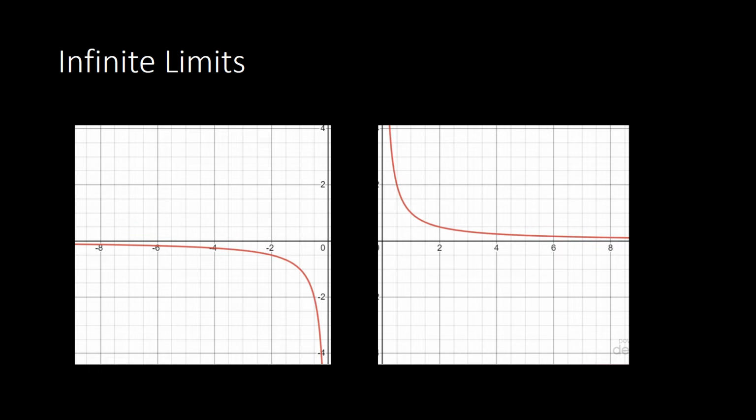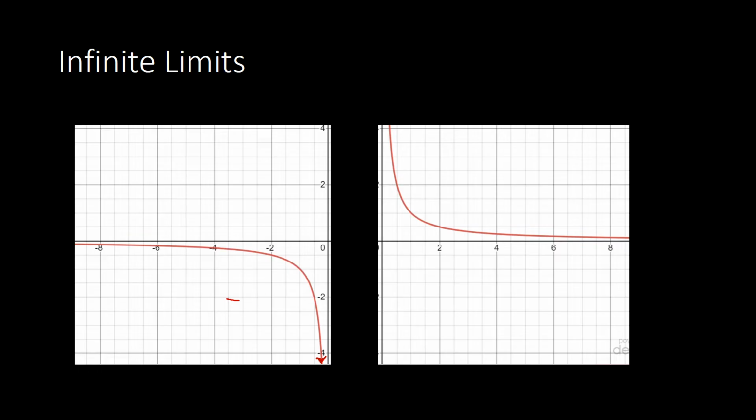And notice the behavior of our graph. Once we move closer to 0, our graph dips down towards negative infinity, the negative values of y. So our limit here is negative infinity.